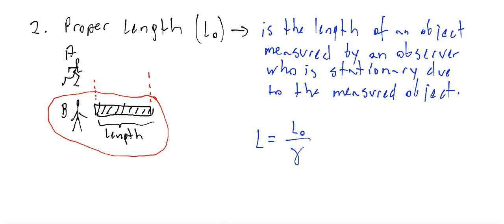In the case of proper time, T0 was the shortest possible time. In the case of length, L0, the proper one, is the longest possible. Okay, it's not a definition, but it's easy to remember, longest possible. And again, the Lorentz factor is a link between these two lengths.